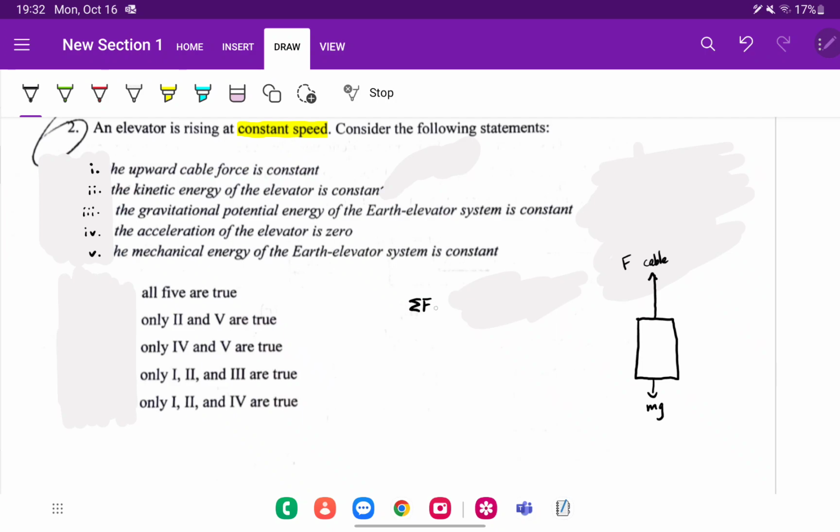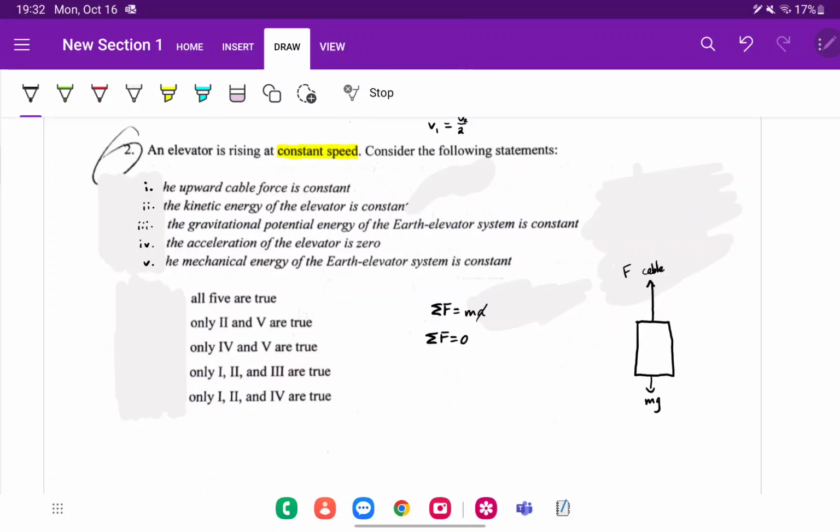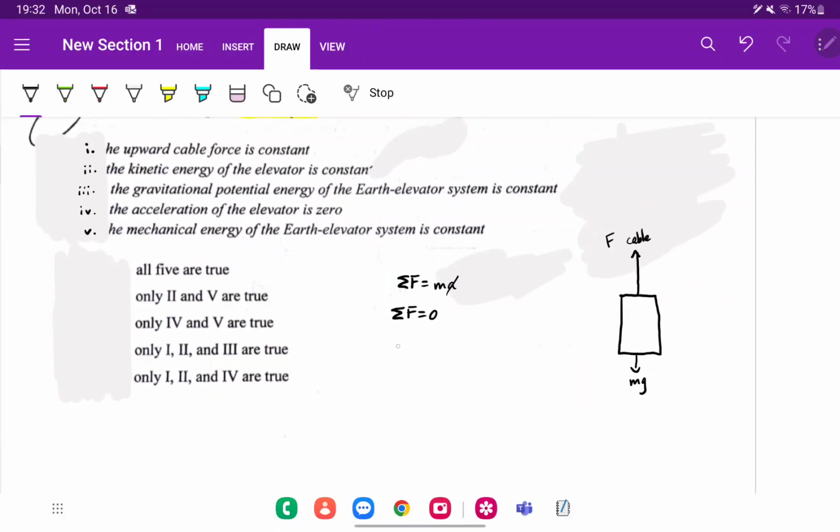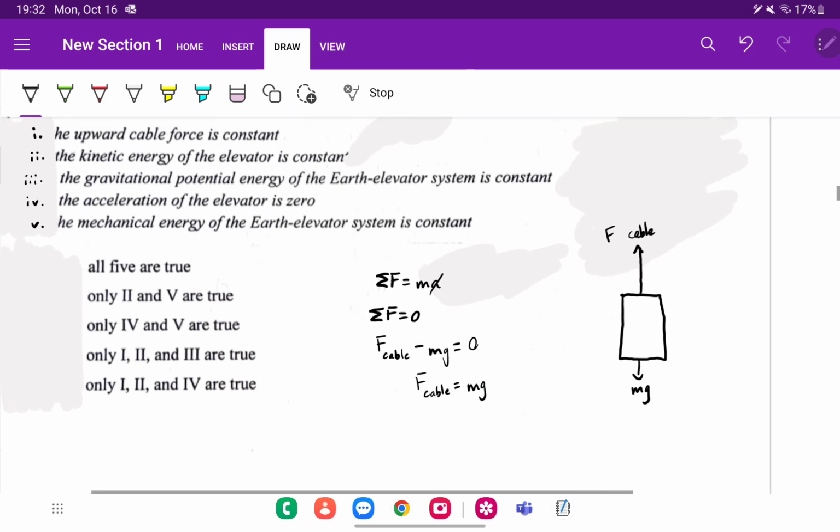So if we use Newton's law, sum of forces equals ma, and acceleration is 0, that means sum of forces equals 0. That also means, if there's only a force up from the cable and only the force of weight going down, then that proves further that the force of the cable equals the weight, which means the force of the cable isn't changing because the weight of the elevator isn't changing.